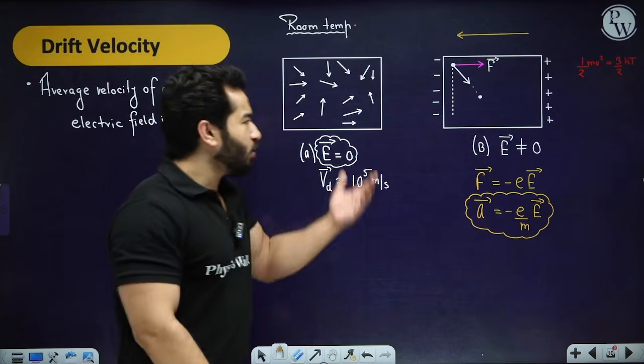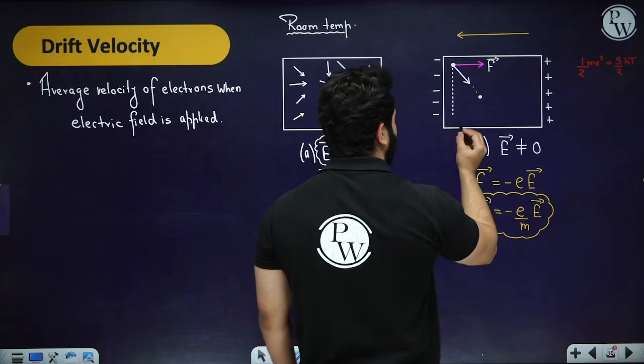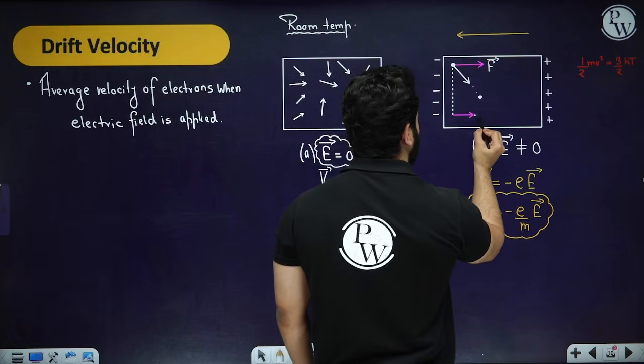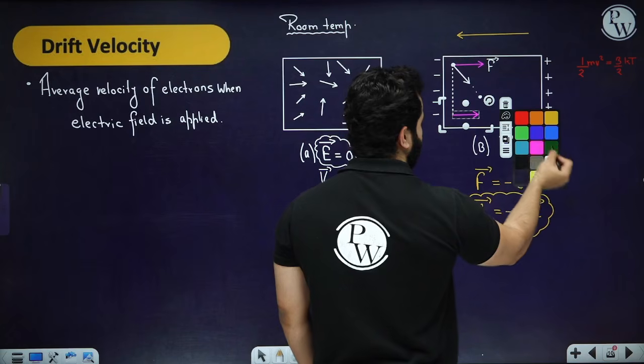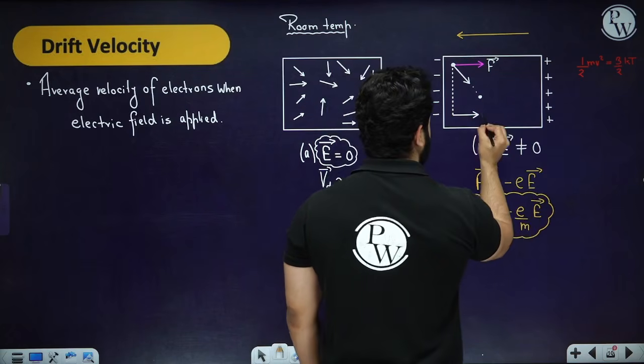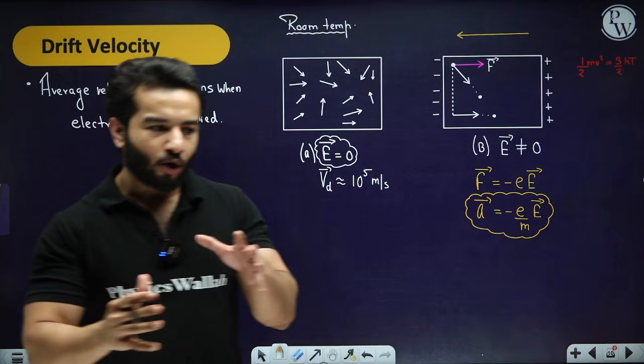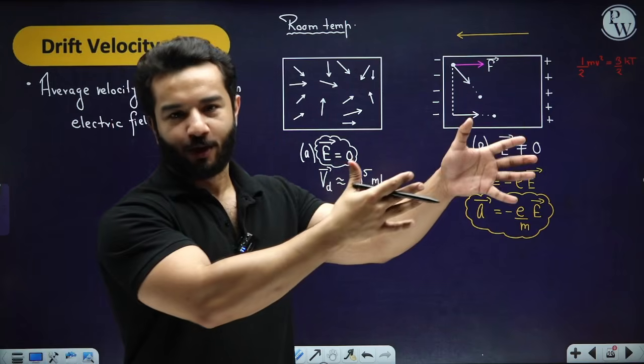And a similar thing will happen with every other electron. Let's suppose an electron was moving in a straight direction from the very start. It will accelerate, and then it will strike some other particle. So in a way, every electron will start to drift in a particular direction, right?